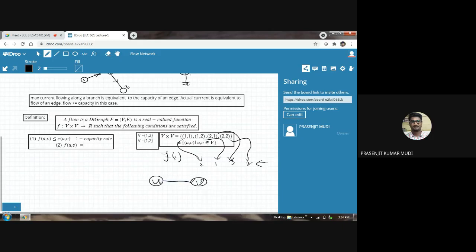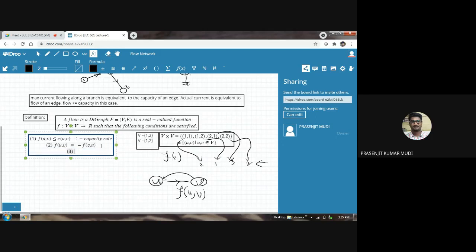And the amount of flow, equivalent to current, is actually f of u comma v. So it depends on the direction. But if I want to have a flow from vertex v to vertex u, the magnitude is the same, but to represent the direction, we have to put here minus f of u comma v. And this is a symmetric property.